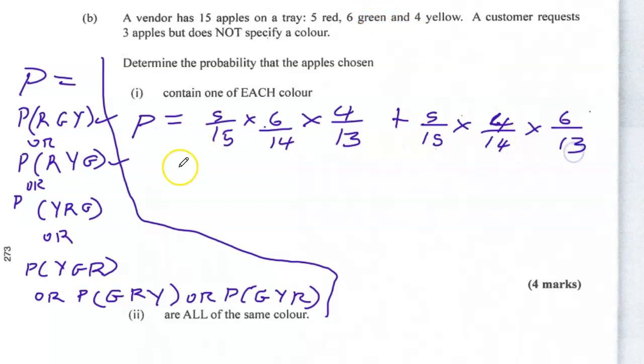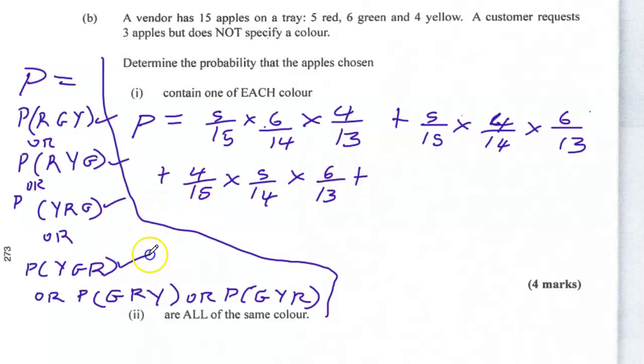Each time one comes out. Alright? Plus, let's go to the other one now. Yellow 4 over 15. Red 5 over 14. Green 6 over 13.